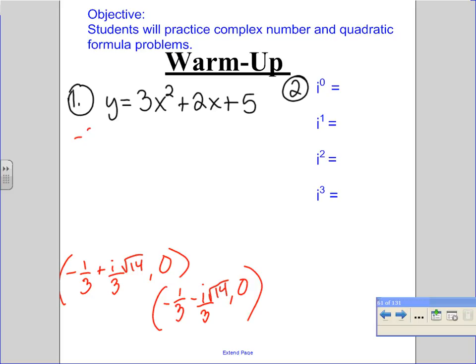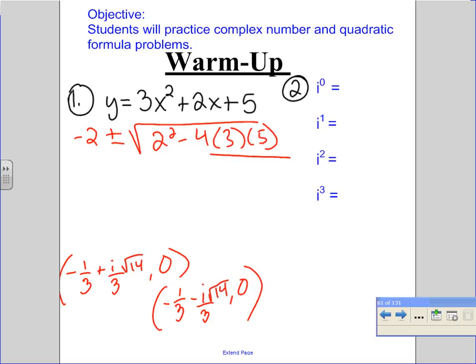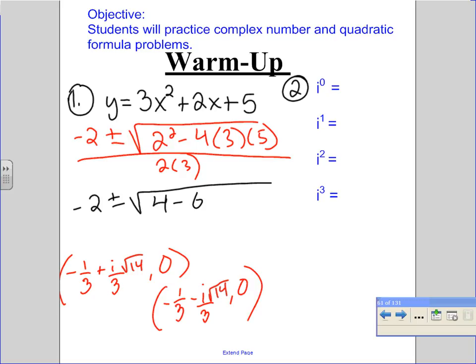So that was the first step. Second step, -2 plus or minus square root of 4 minus 60, all over 6. Next step was -2 plus or minus square root of 56 all over 6. You can change that to 4 times 14.